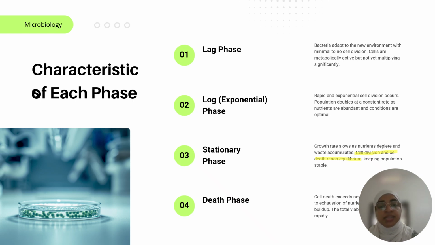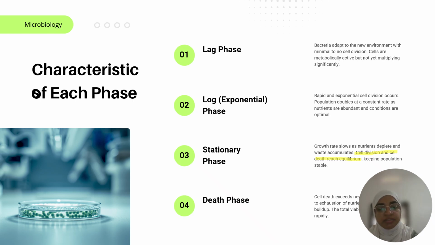Cell division and cell death become equal, so there is no increase in the graph. This keeps the population stable in count.